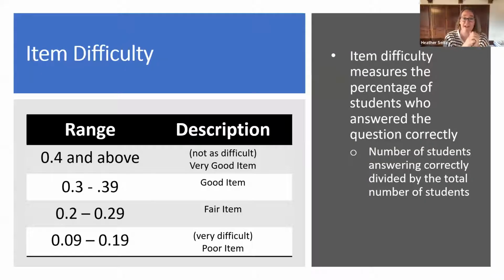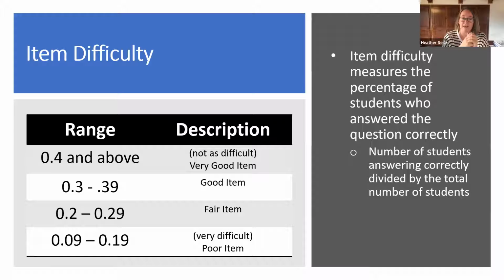Okay. And then item difficulty. This is a really easy statistic that you can use in your own classroom, and it's something that we pay attention to a lot when we think about the kinds of questions that we have on our assessment and which questions might need some revision or editing. We'll talk a little bit about that at the end. Item difficulty is simply the percentage of students who answered the question correctly.